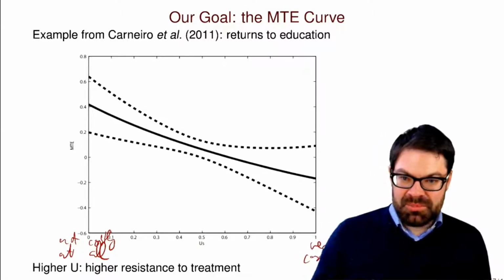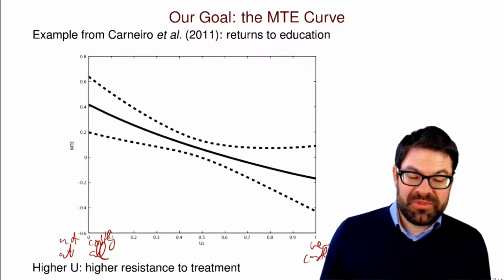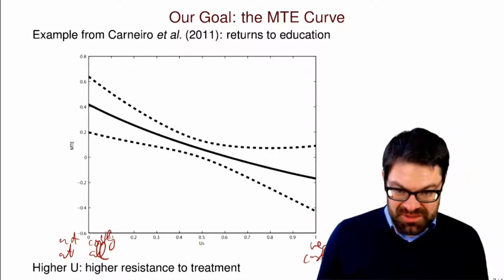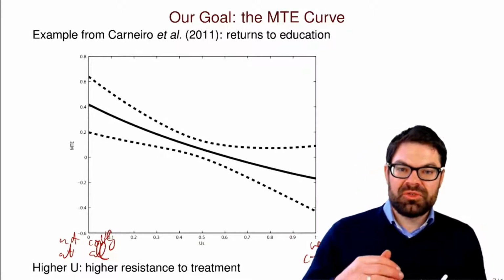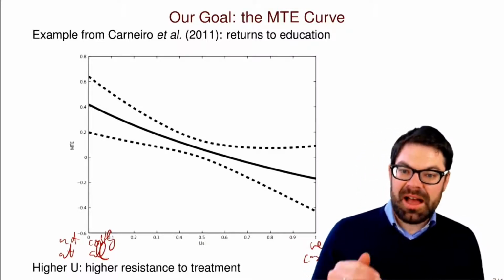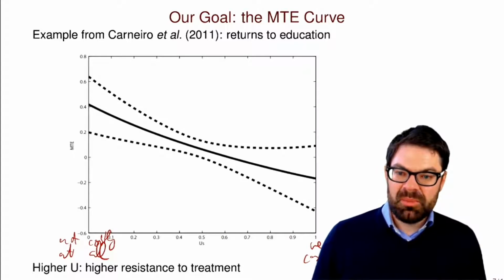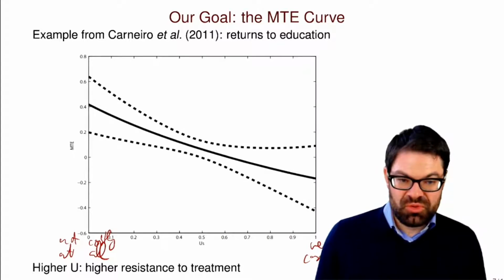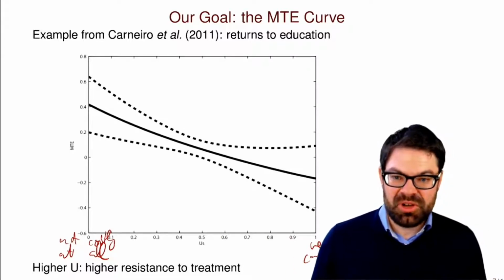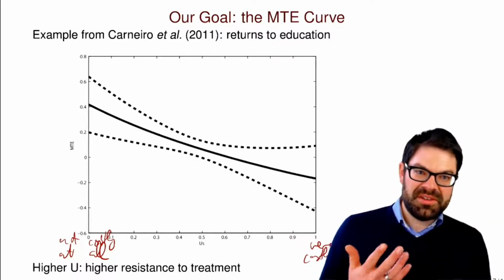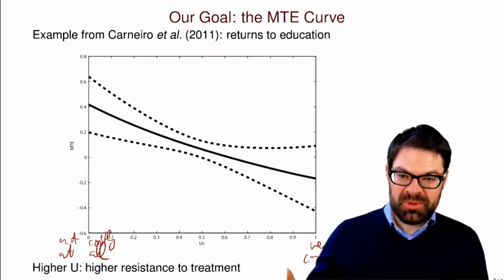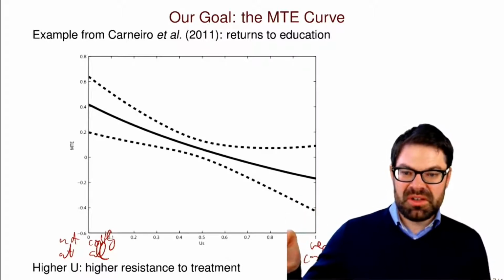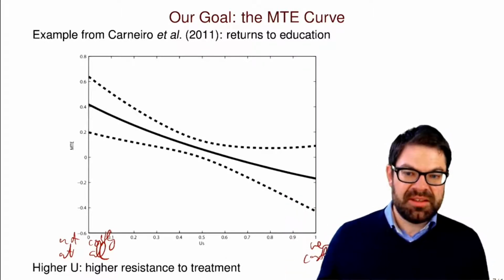And what does the marginal treatment effect curve tell us? Well, it tells us that the treatment effects are highest among those people who are most likely to take the treatment. Or, turning things around, which probably makes more sense, it is those people with the highest returns who also are most likely to select the treatment.